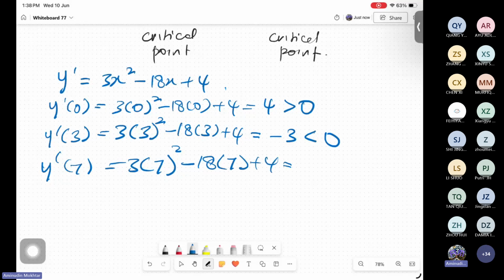You can get the answer, it's quite big here. 3 times 7 squared minus 18 times 7 plus 4. I think the answer is 25.